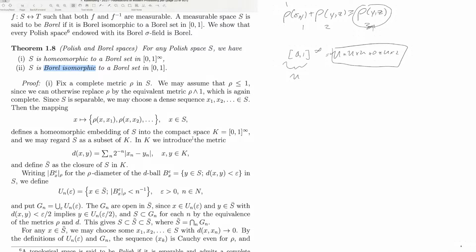So the space K is compact, and we've managed to put X into it. We may regard S as a subset of K.